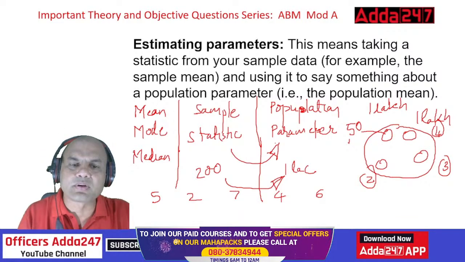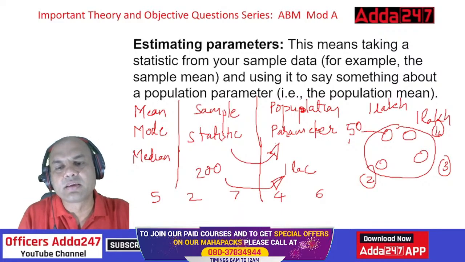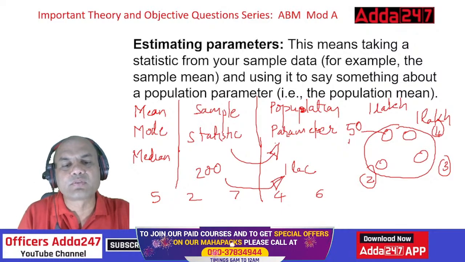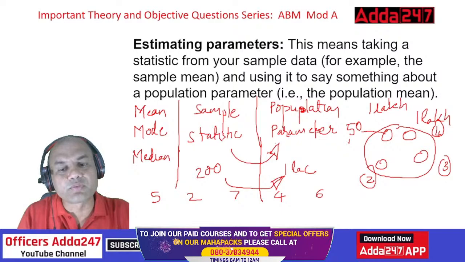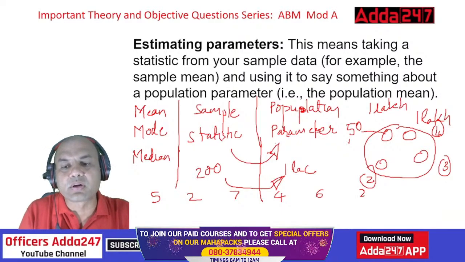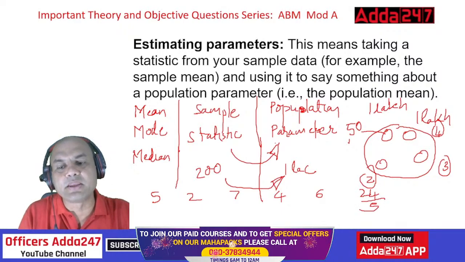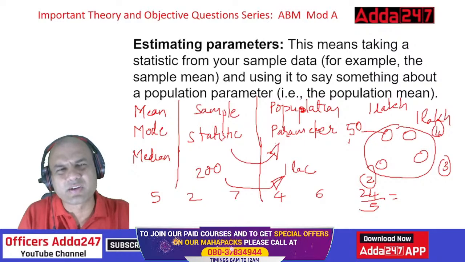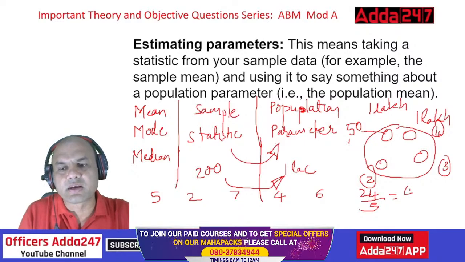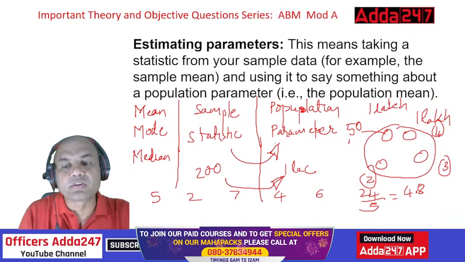Everyone give me the answer for mean. Just add them and divide by the number of elements. So 5 plus 2 plus 7 is 14, 14 plus 4 is 18, 18 plus 6 is 24. So 24 upon 5, since there are 5 numbers. This is my mean, 4.8.